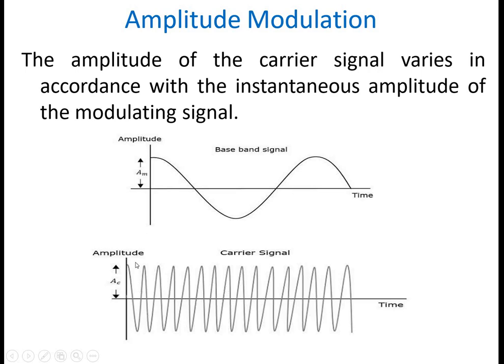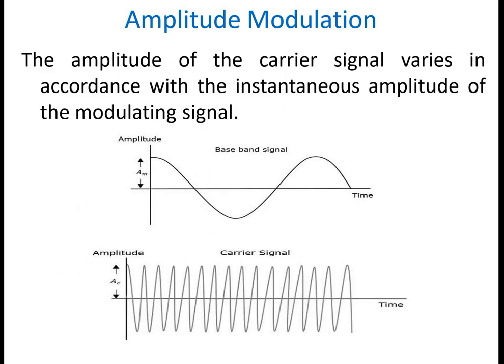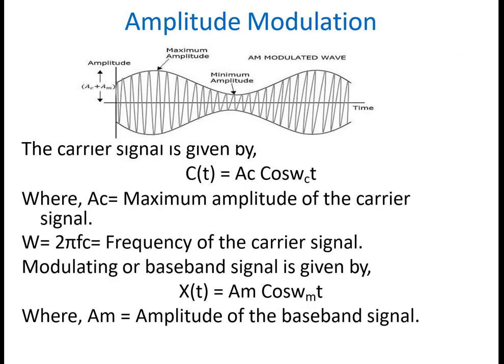I have shown the carrier signal having amplitude Ac, and that signal has a higher frequency compared to your input signal. That means the carrier signal is nothing but a high frequency signal. By the combination of both signals, the baseband signal and the carrier signal, we get the amplitude modulated signal.